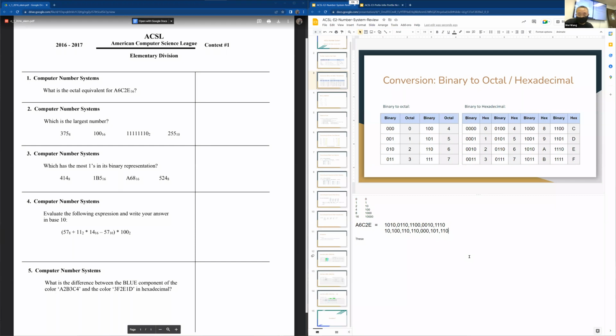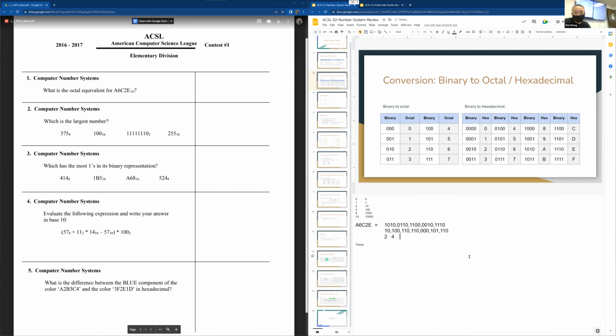So that is what? 10 is what? In binary is 2, right? So this is 2, and this is 100 is 4, right?